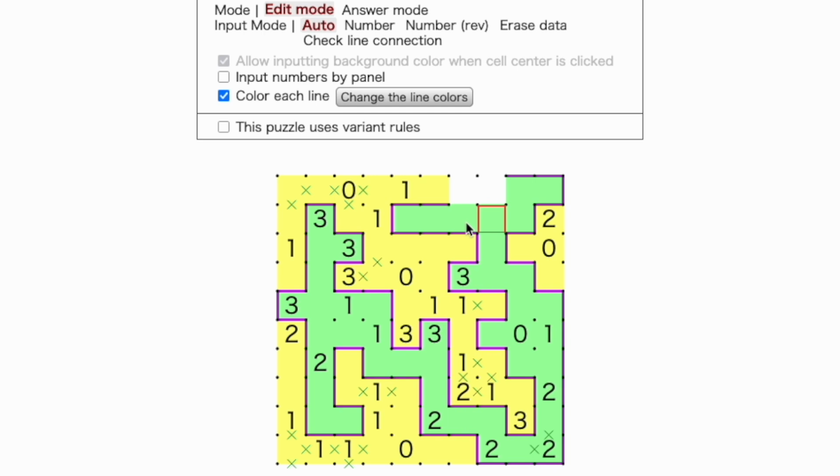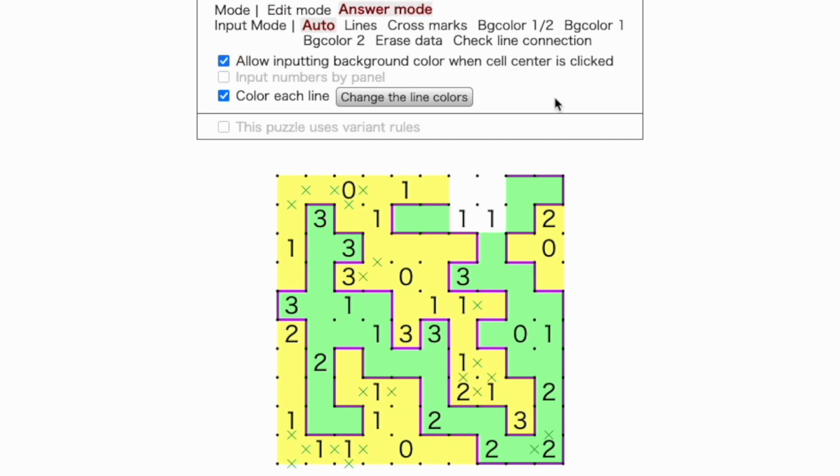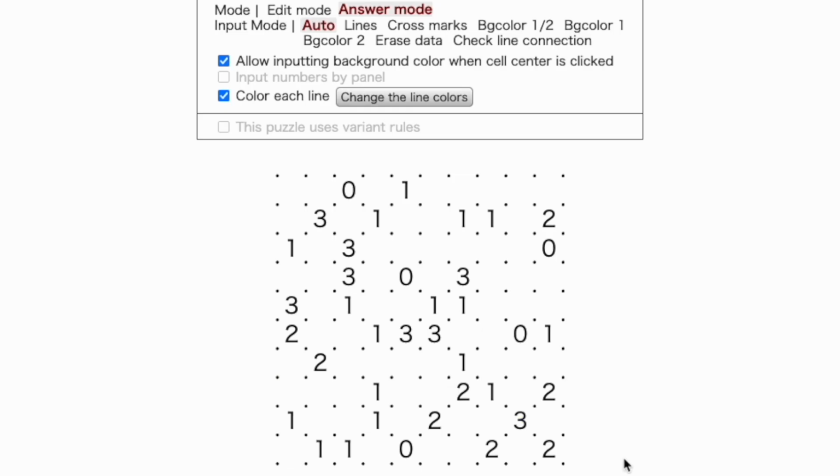If these are both 1s, that's nice because this one is fully defined, and as soon as we do that, this one becomes fully defined. And that gives us a full loop. So now let's check our work by erasing the answer and going through this in answer mode.